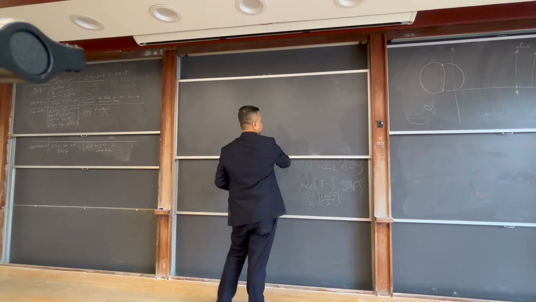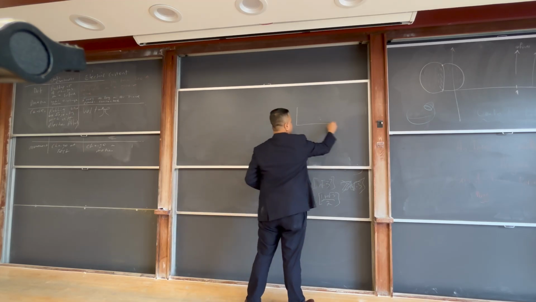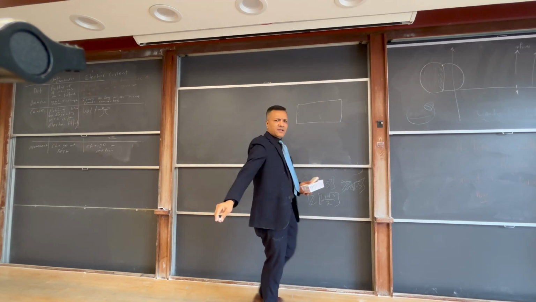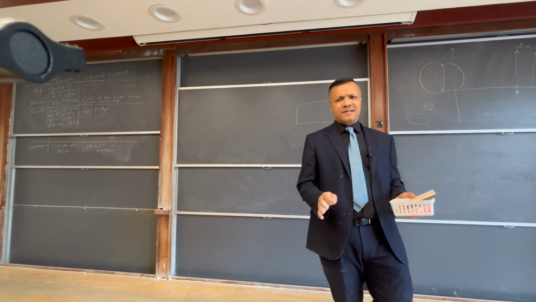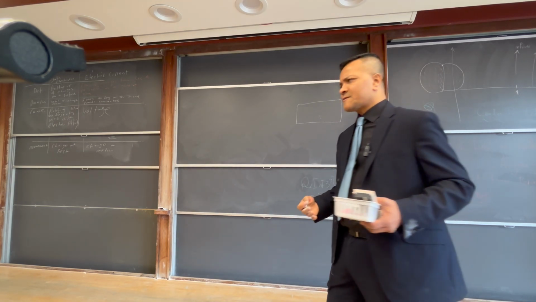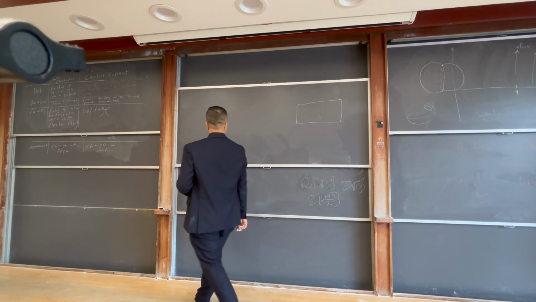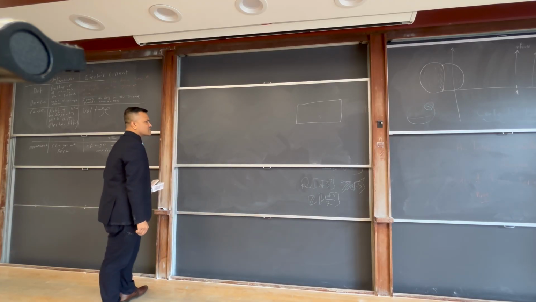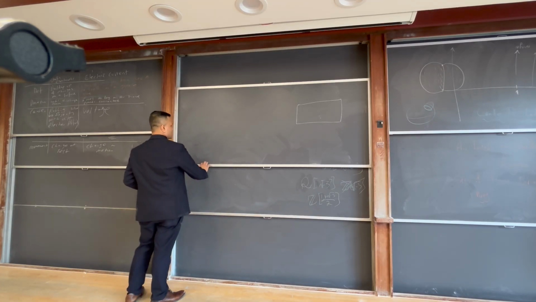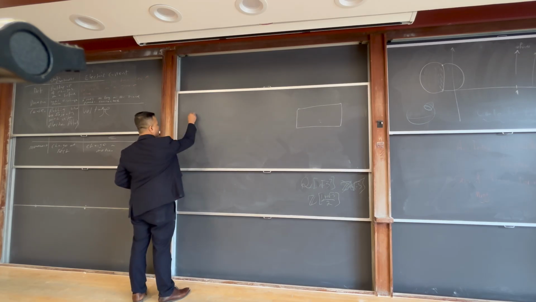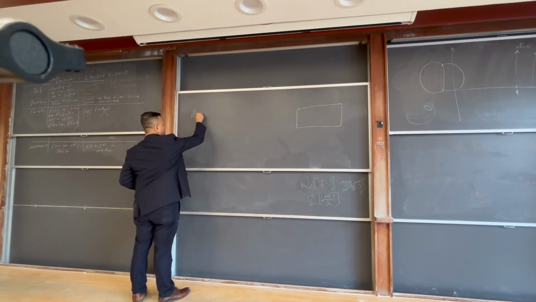Okay, so it's a polygon. Let's start our conversation with polygon. It's a closed path. Now we're going to turn it into a circuit. Before we do that, I'm going to introduce three persons involved with this discovery. Number 1 is Alessandro Volta.